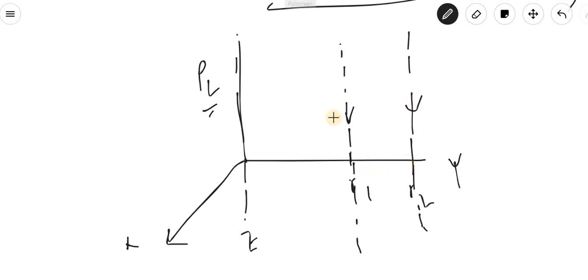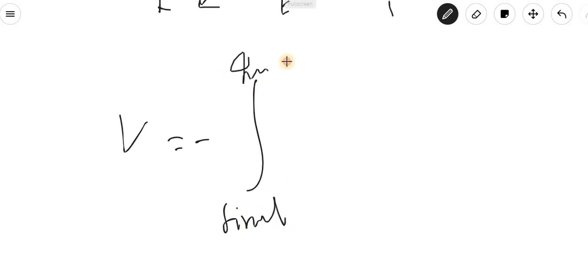So what will be the potential difference between this point and this point? As we know, the potential is final minus initial, that is minus the integral of E dot dL.